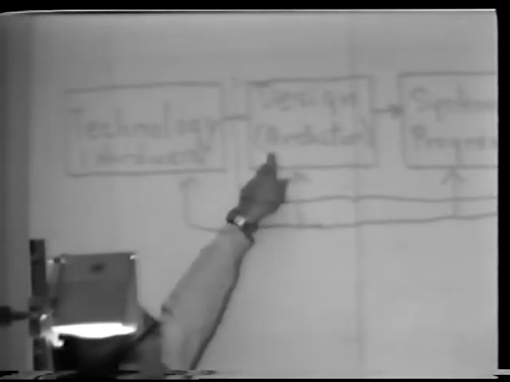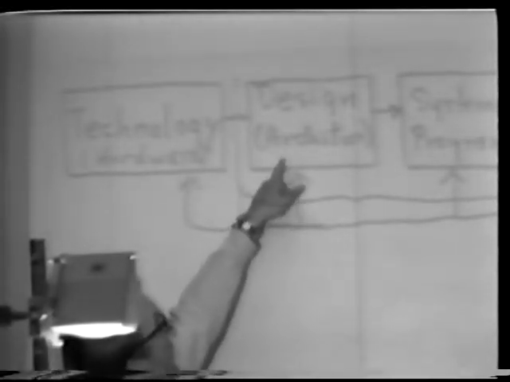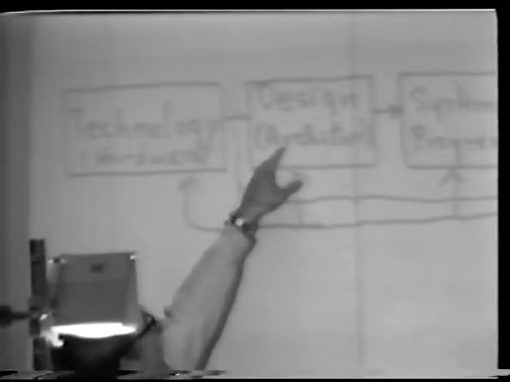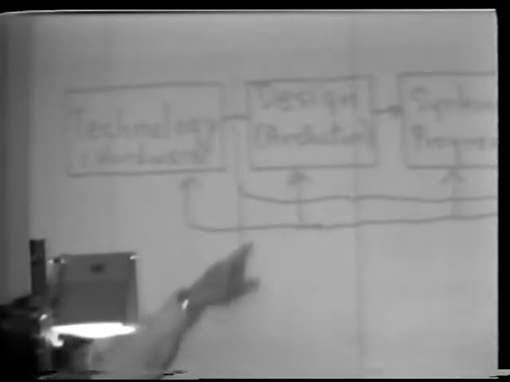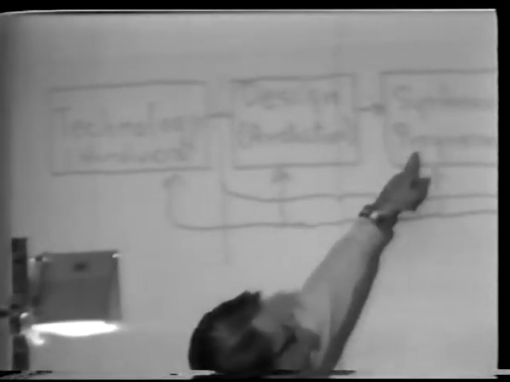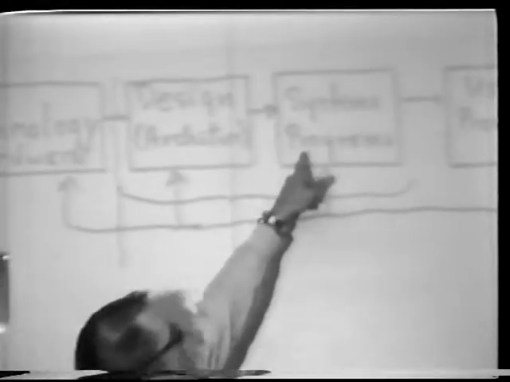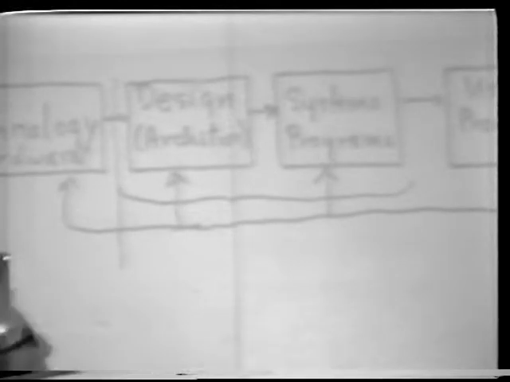From that, we go into something which very often is called architecture, which is really the design of the basic systems on which programs run. That feeds the process that creates systems programs.